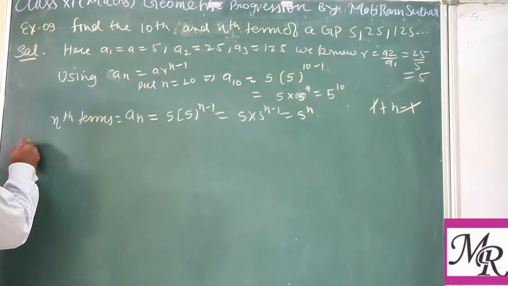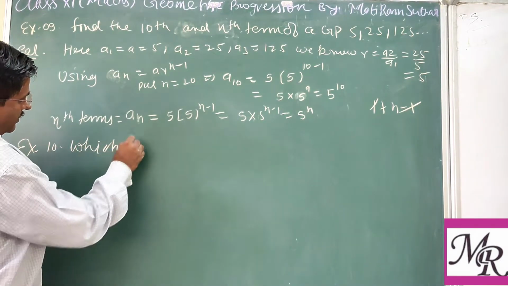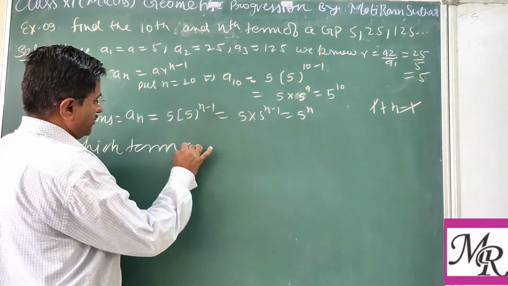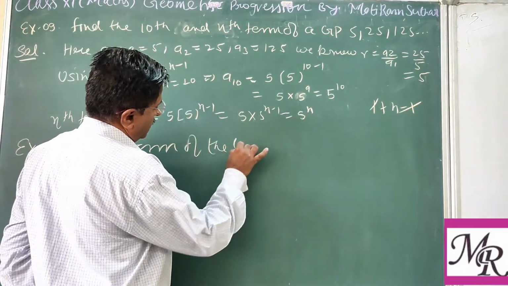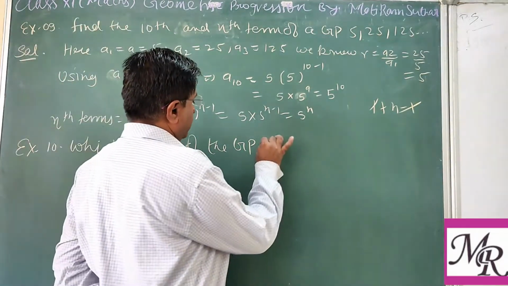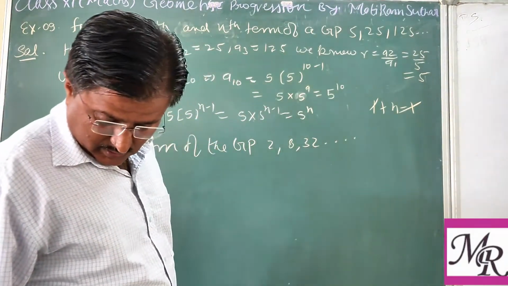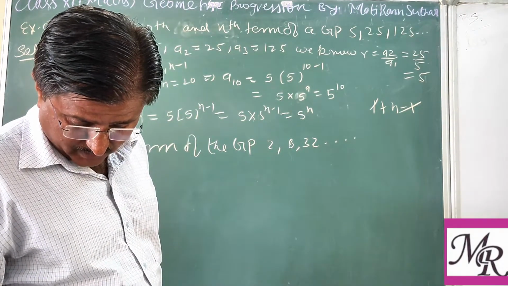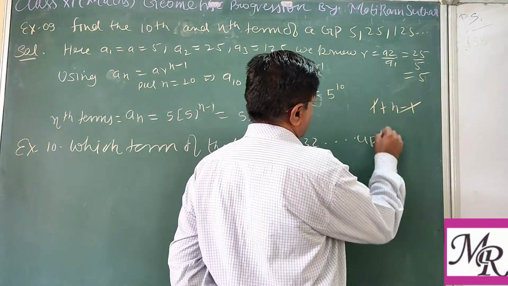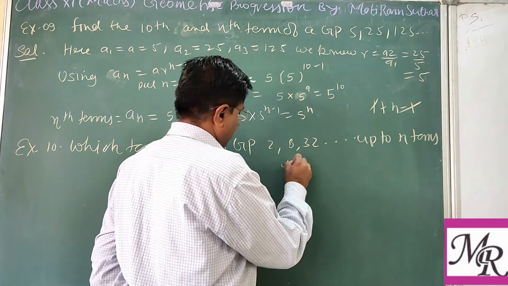Next example 10c. Which term of the GP 2, 8, 32, up to n terms is 131072?